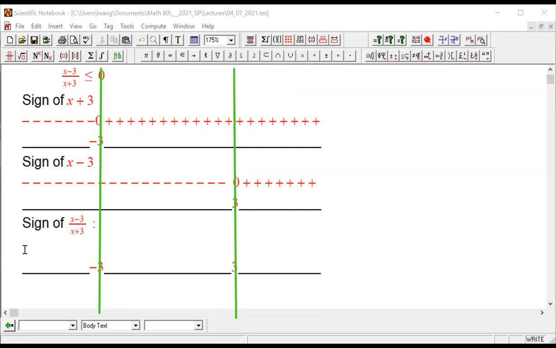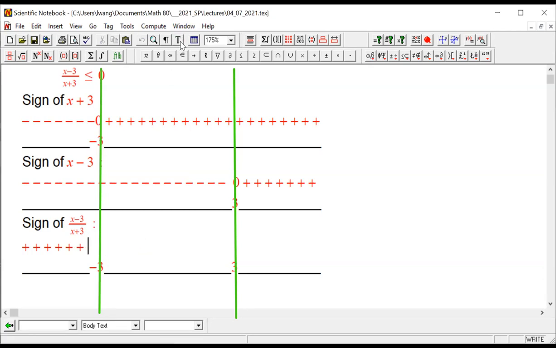And then you just compare the sign. If you pick an x over here, a number less than -3, you plug in, you will encounter a negative divided by negative, so you're going to get positive.